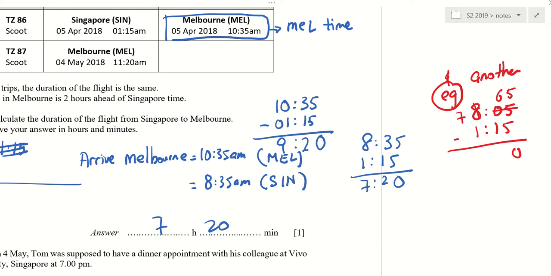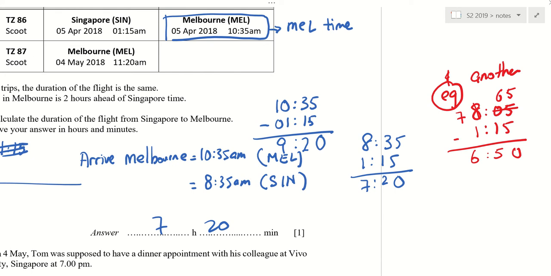So then 6 minus 1 will be 5. Again, this is 8 hours, right? If I cancel 1, becomes 7 hours. I bring over here, it's not 100, it's not 10, it is 60, because 1 hour is 60 minutes. So time subtraction is different from the normal subtraction. Do you follow?